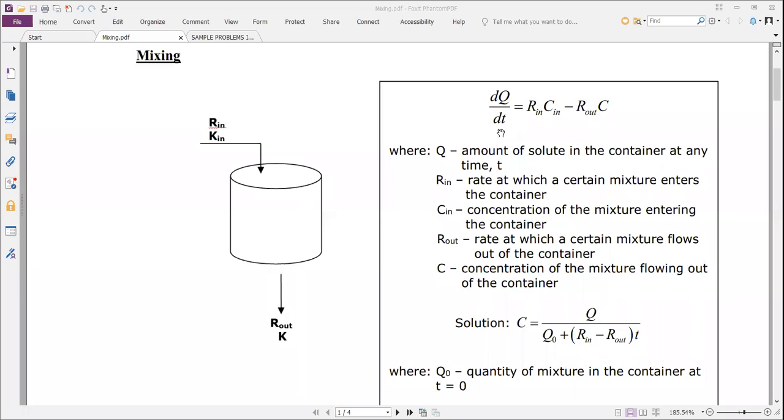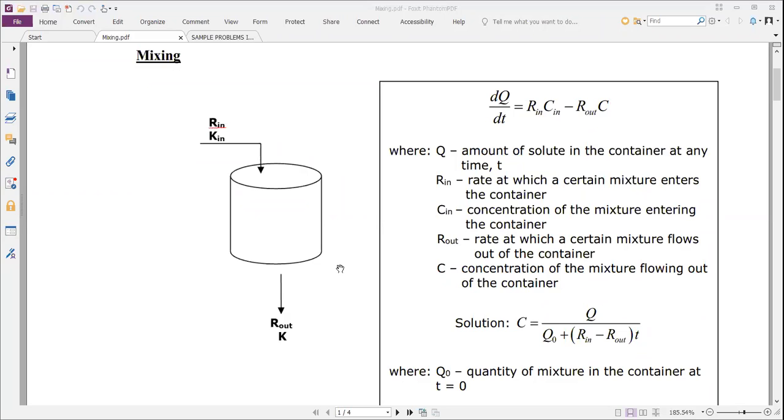The rate of change of the amount Q of the solute inside the tank is equal to the product of the volumetric flow rate R in times the concentration C in, minus R out, the volumetric flow rate out of the tank, times the concentration of the contents of the tank, which is the same concentration as that of the fluid leaving the tank. The C sub in, and the C that you see here in our illustration, is the K. So K in and K out.